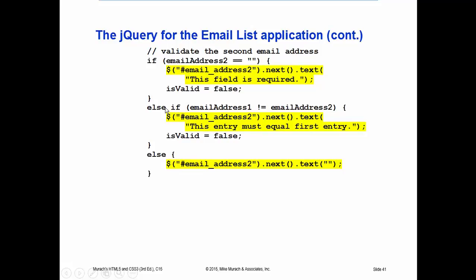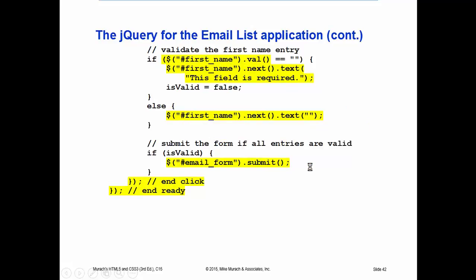But if we get down to the else, then we want to make sure that the first email address that we put in and the second email address that we put in were identical. So if they're not, we add this error, much as we did before. If this isn't true, then that means that the email address wasn't blank. If this isn't true, that means we put in the same thing for the first and second. So if that's the case, we again set our error area to nothing.